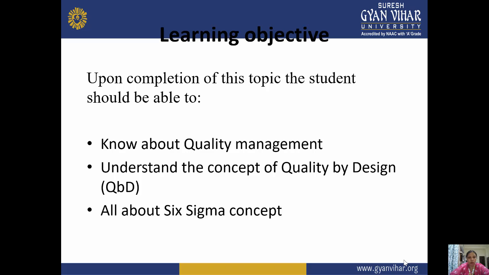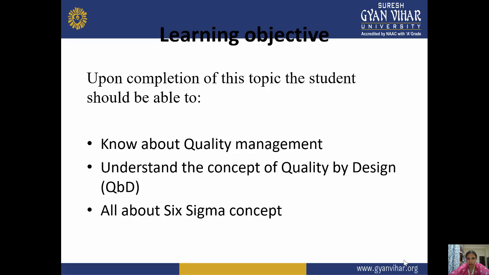Learning objectives. Upon completion of this topic, the students should be able to learn about the quality management. What is quality management? Why is quality management important? You will come to know this after the completion of this unit.